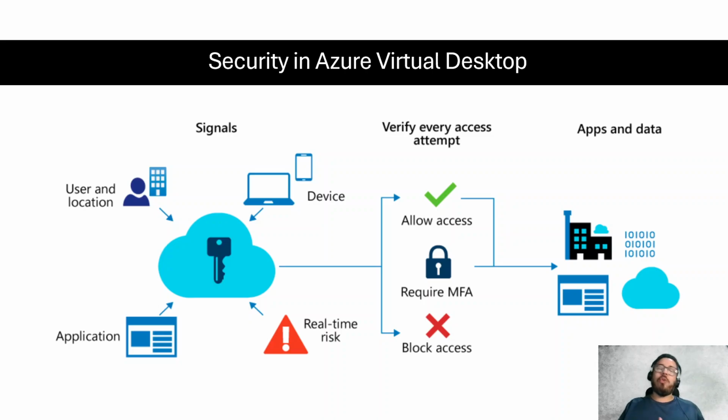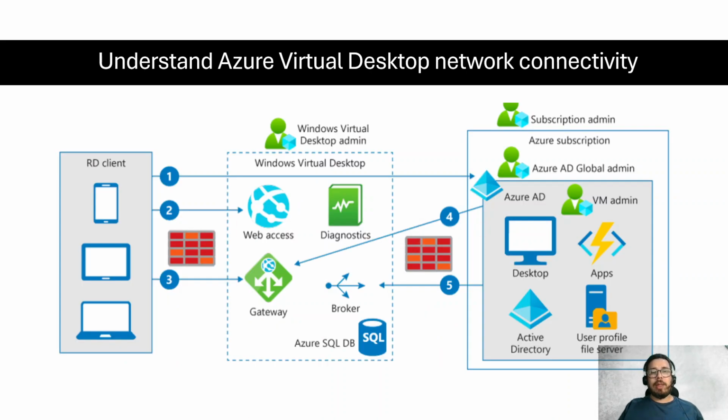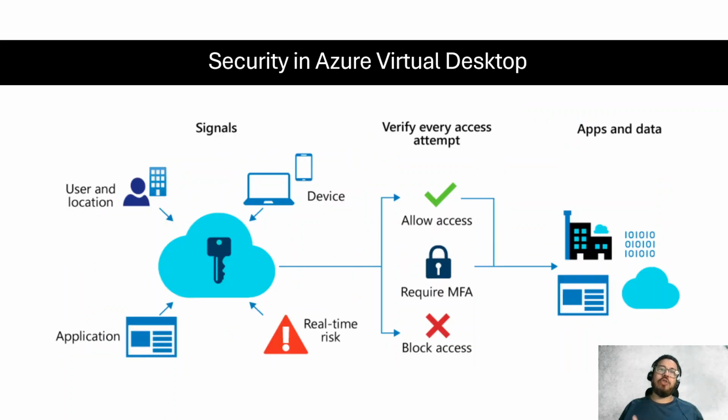Remember the first layer is connected to Azure AD. If I apply conditional access to my user, I need Entra ID Premium P1 or Premium P2. If I need real-time risk user or real-time risk account detection, I need Entra ID P2, but I will have conditional access.